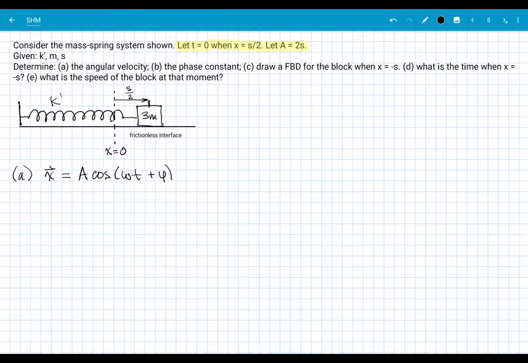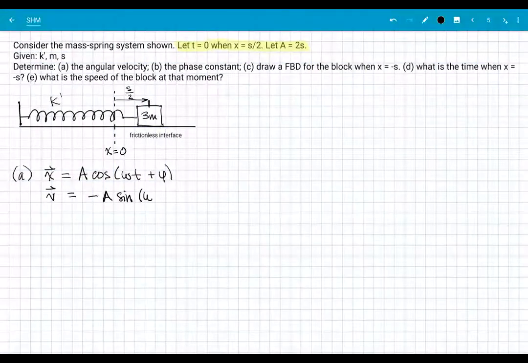So there is my equation of motion, and then I can, from that, write my velocity equation, which is the first derivative of this equation here: negative A omega sine of omega t plus phi. And then, of course, my acceleration equation, negative A, oh, I forgot an omega up there.